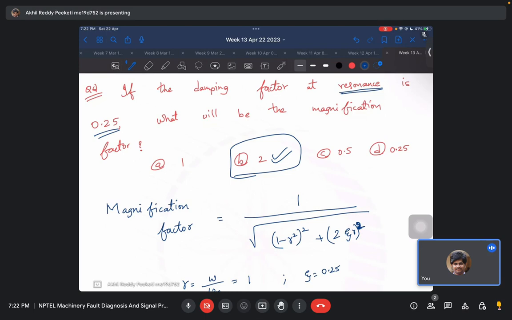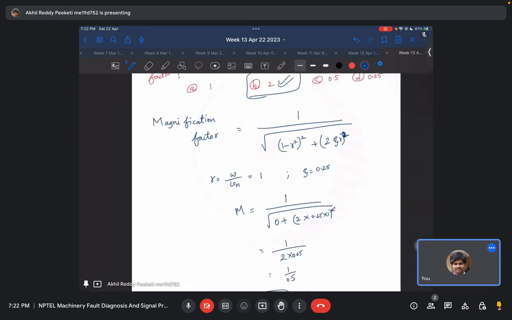In case resonance is not mentioned, they might mention the natural frequency and the forced frequency, or they can also mention the forced frequency and k and m, so that you can estimate the natural frequency on your own.